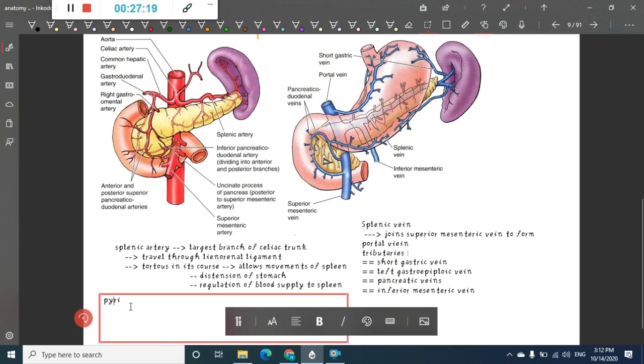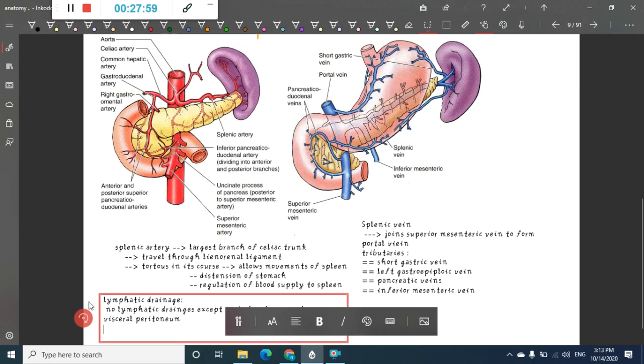Spleen by itself has no lymphatic drainage, except in trabeculae, capsule and visceral peritoneum. Lymphatic drainage is present in trabeculae, capsule and visceral peritoneum only. So this is about the spleen.